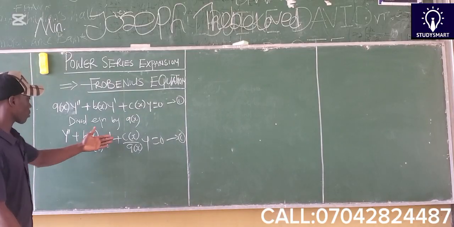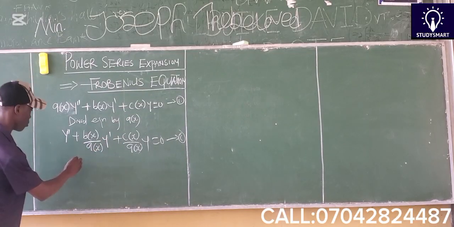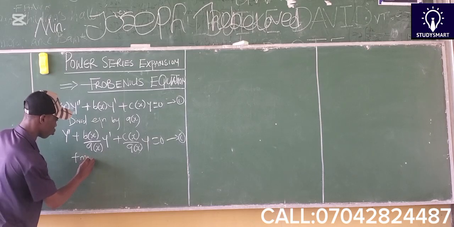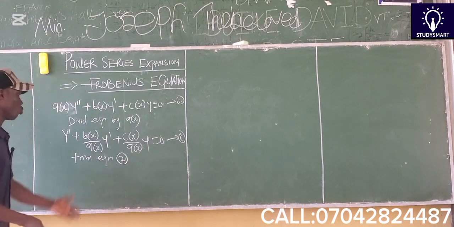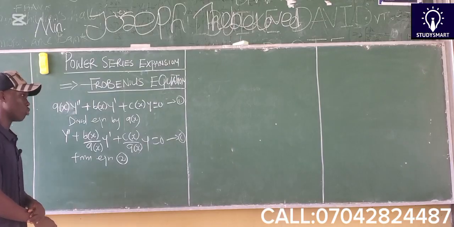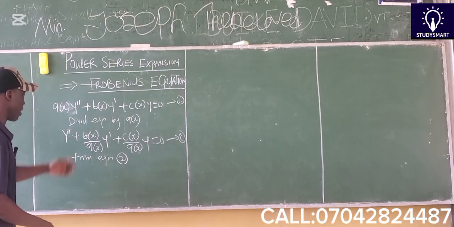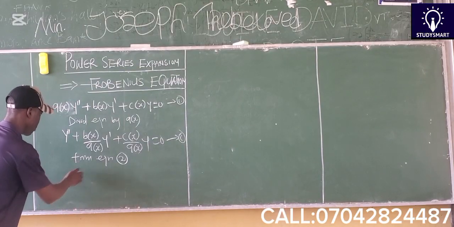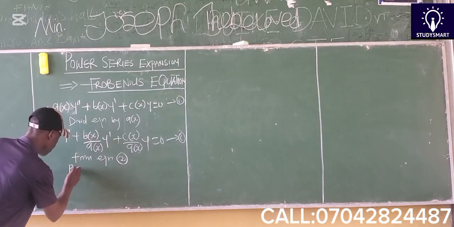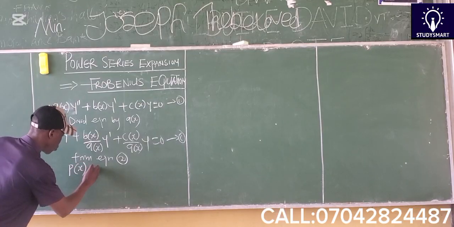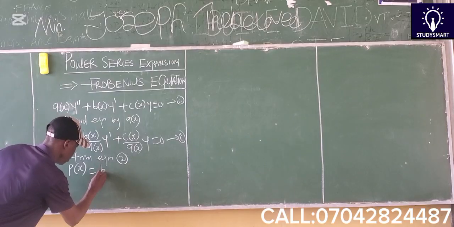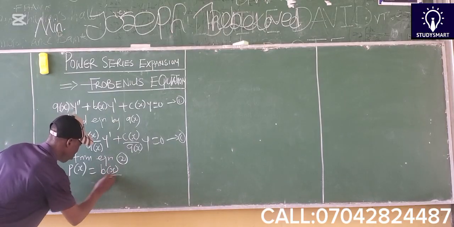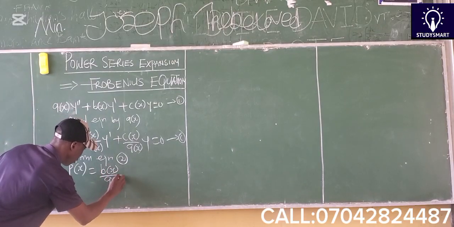From equation 2, let's say p of x is equal to the coefficient of y prime, which is b of x over a of x.